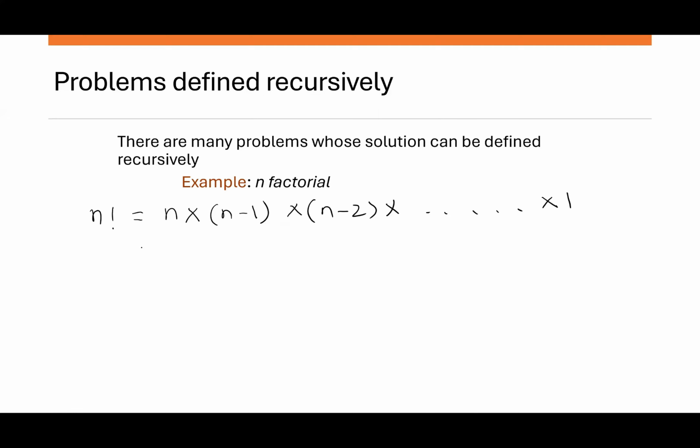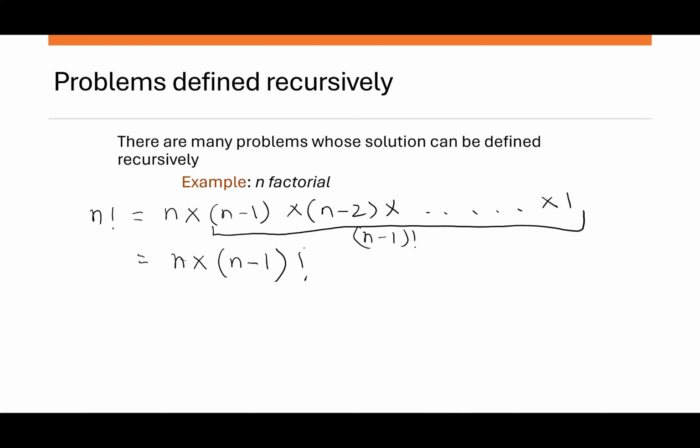Now, can we say that n factorial can be written as, what is this part? Can I say that this is (n minus 1) factorial? Can I say that n factorial is actually n times (n minus 1) factorial? Now, can we say that we have a larger problem, and we are solving it using a smaller problem of the same kind?